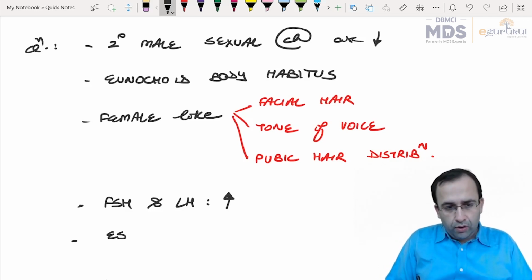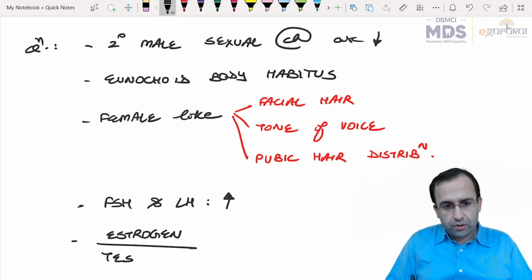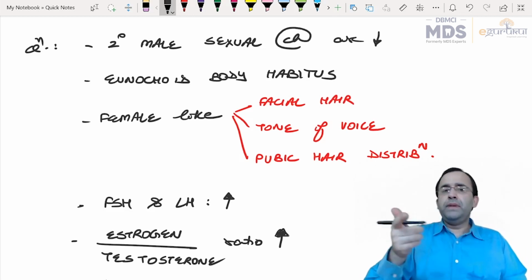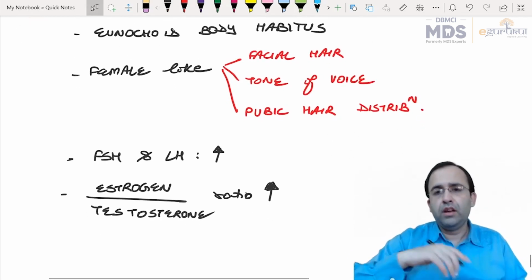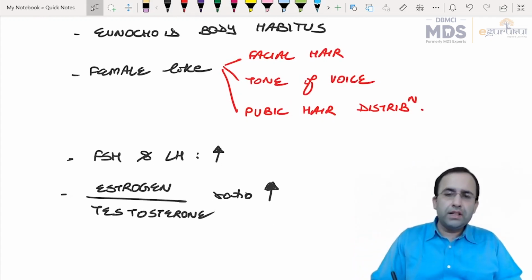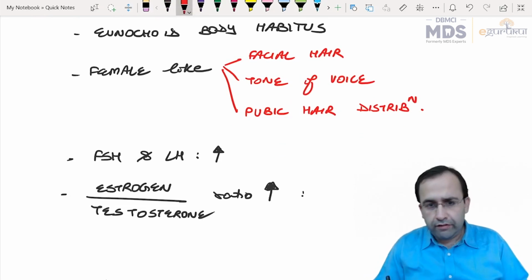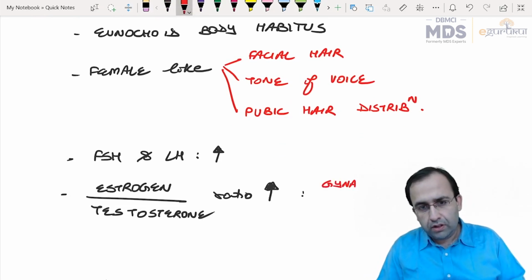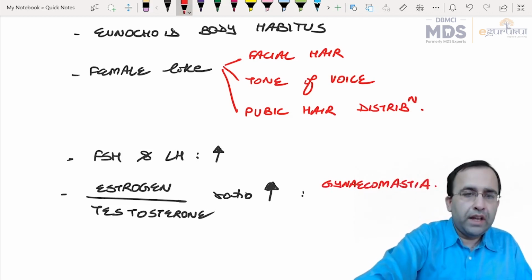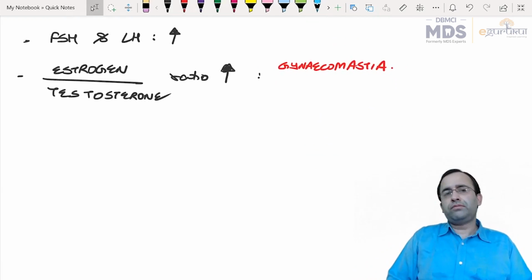As a result, the estrogen to testosterone ratio increases. The male was 46XY, one X has increased, so estrogen increases. As a result, Klinefelter's is associated with gynecomastia, enlarged male breast.